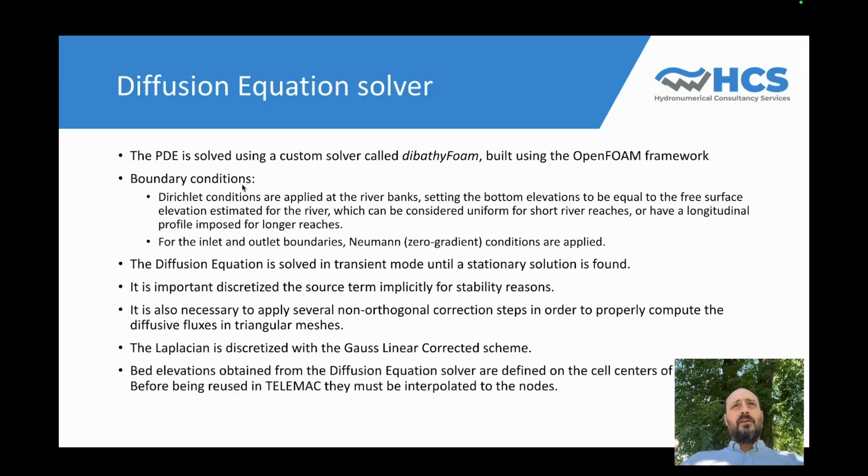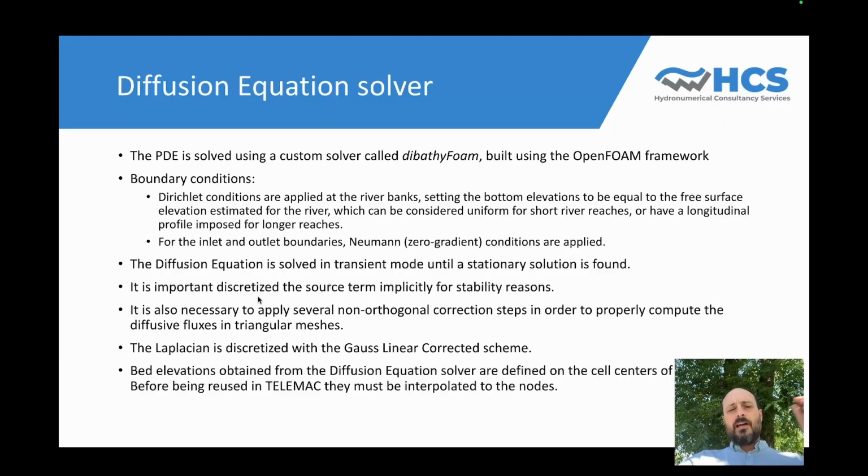If the reach is short, you can just impose constant, uniform values in the entire reach. But if you have a longer reach, it's probably better to impose a longitudinal profile. And then for the inlet and outlet boundary conditions, we use a Neumann zero normal gradient boundary condition. So the bathymetry surveyed in the inner part of the domain is naturally spread toward the boundaries. The diffusion equation is solved in transient mode until a convergence is found, a stationary solution.